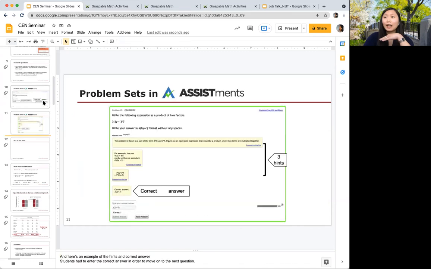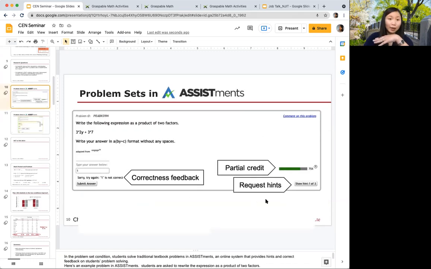So they didn't have the hint button to request support, and they did not receive feedback on their answers. We think this mimics a traditional homework style assignment, where students do not receive feedback on their homework until much later.